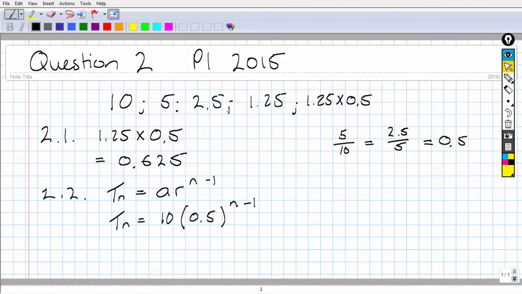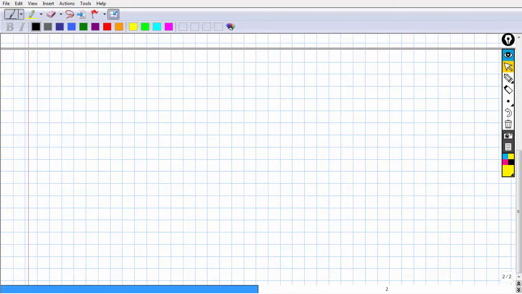Okay. Then we look at the next question, 2.3. 2.3 says explain why the infinite series 10 plus 5 plus 2.5 plus 1.25 plus and so on converges. So we've got this 10, 5, 2.5, 1.25, etc. as our sequence.